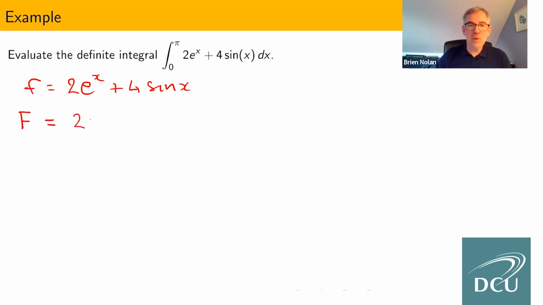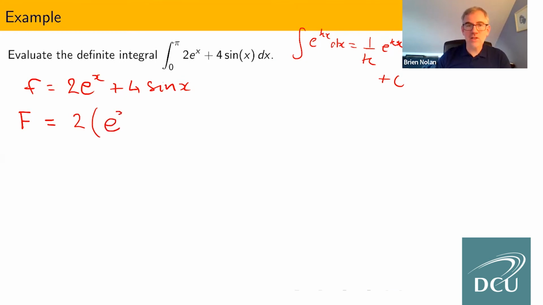I leave the 2 alone, and my rule for integrating, remember, the integral of e to the kx dx is 1 over k e to the kx plus c. In this instance, I have 1 times x, so k equals 1, so I'll have just 1 over 1, and that's 1, of course.